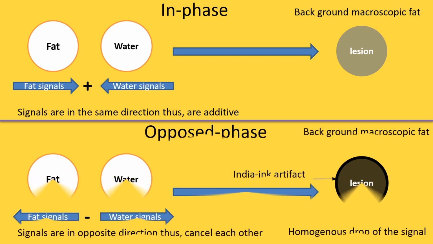While on the opposed phase sequence, the signals of both water and fat will be directed in opposite directions, so their signals cancel each other. So the signal of the lesion will be darker on the opposed phase. So any lesion that has microscopic fat should have homogeneous drop of its signal in the opposed phase sequence. And also we can notice the dark line which encircles the lesion, which represents the India ink artifact as we discussed before.